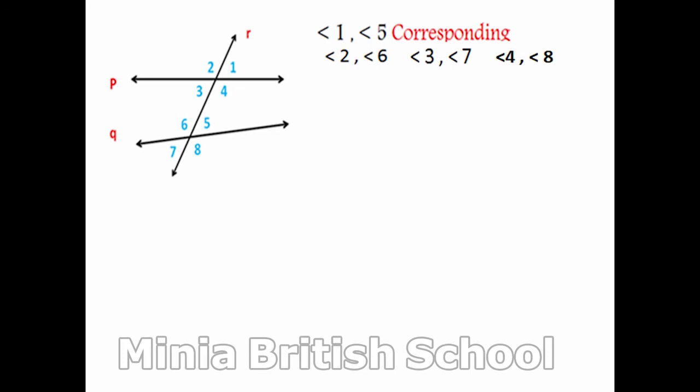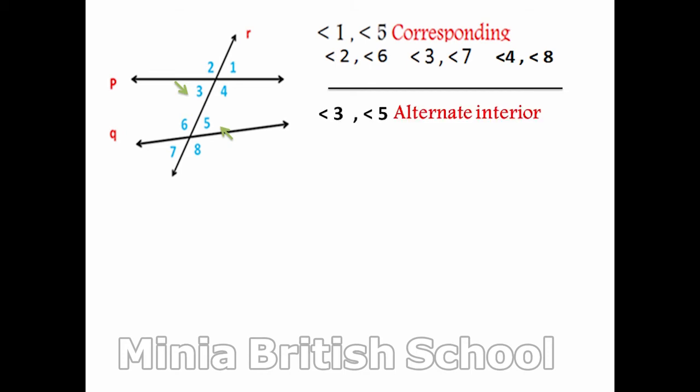Angles 3, 4, 5, and 6 are interior angles because they are between the two lines, and they are classified into two types. Let's understand the first type. Angle 3 and angle 5 form a pair of alternate interior angles.